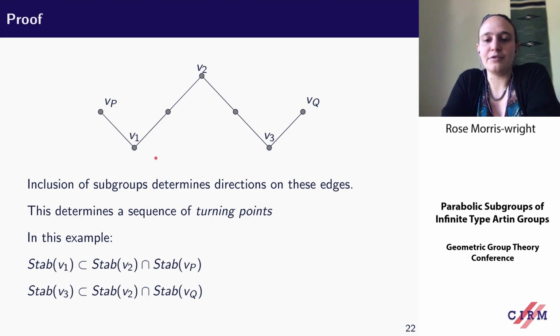So in this example, the stabilizer of V1 is contained in the stabilizer of VP, because I have a downward edge going here. And then the stabilizer of V1 is also contained in the stabilizer of V2, because I have these downward edges like this. So you get all of these relations between the stabilizers of the turning points, and this will help us in our goal.